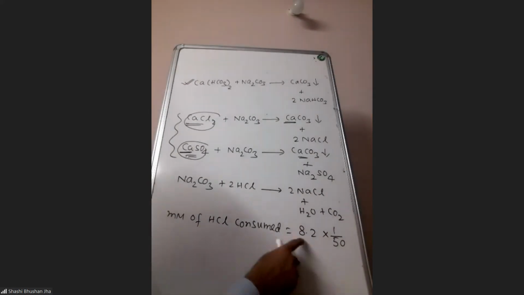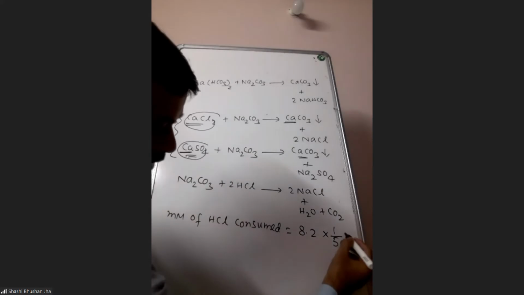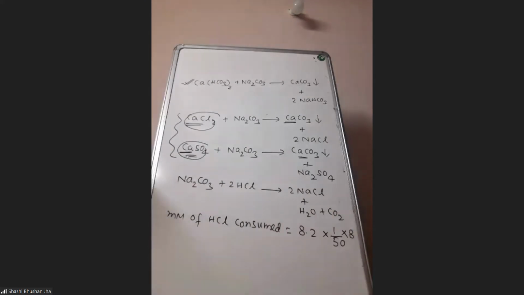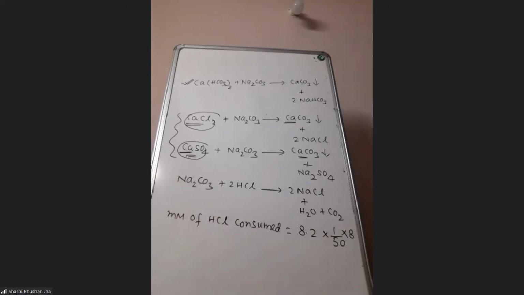But this 8.2 milliliter has been consumed with 25 milliliter of the filtrate. What is the total volume of filtrate? That is 200 milliliter. So this much has been consumed by 25 ml only, but total volume is 200 milliliter. So total number of moles of HCl consumed by complete water will be 8 times of this. So this is the millimoles of HCl consumed.